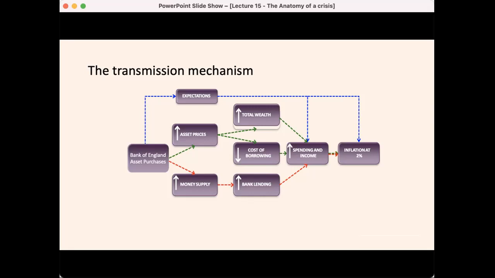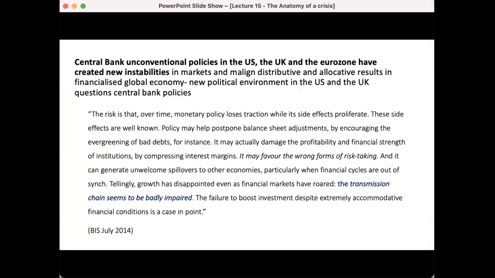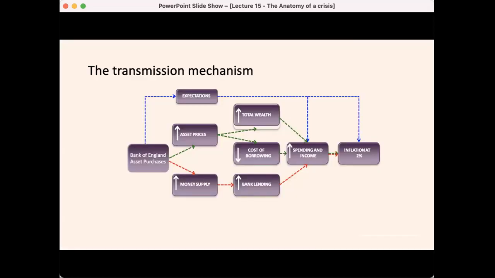Now, this is the view here, that the transmission chain seems to be badly impaired. Well, the transmission chain doesn't seem to be badly impaired. It seems to be not correct in the way that it is being set out here.